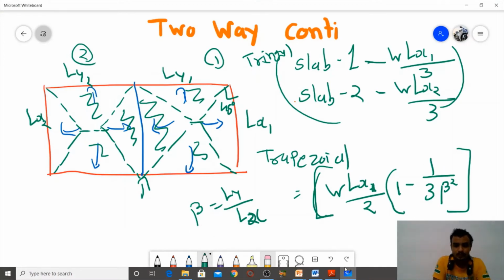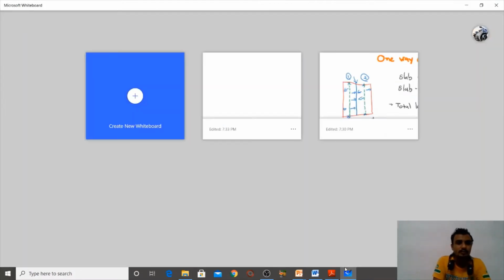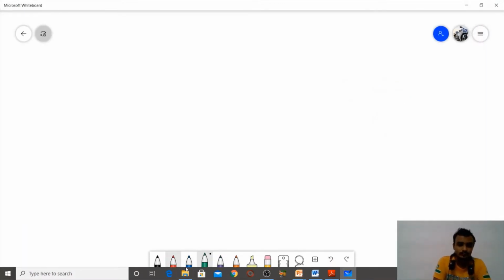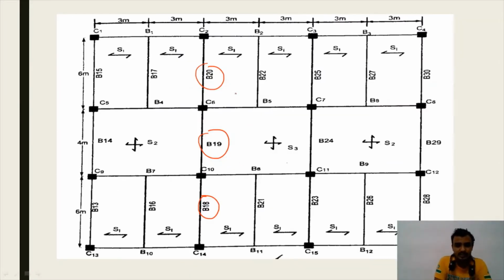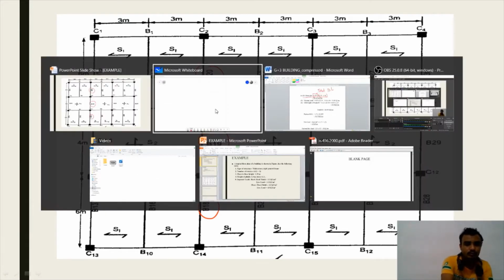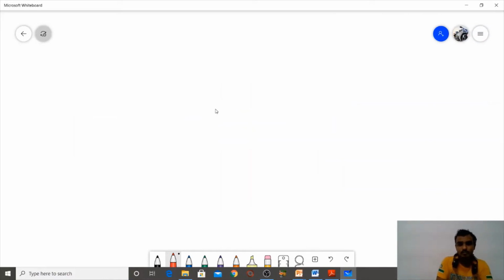Okay, let's make a new whiteboard. So here is beam number 80 and beam number 20. I am going to calculate the dead slab load on the beam.